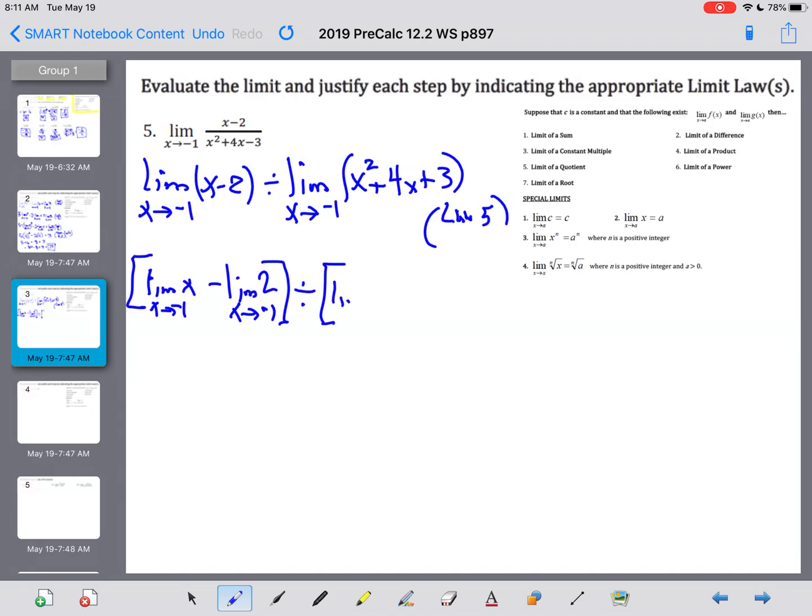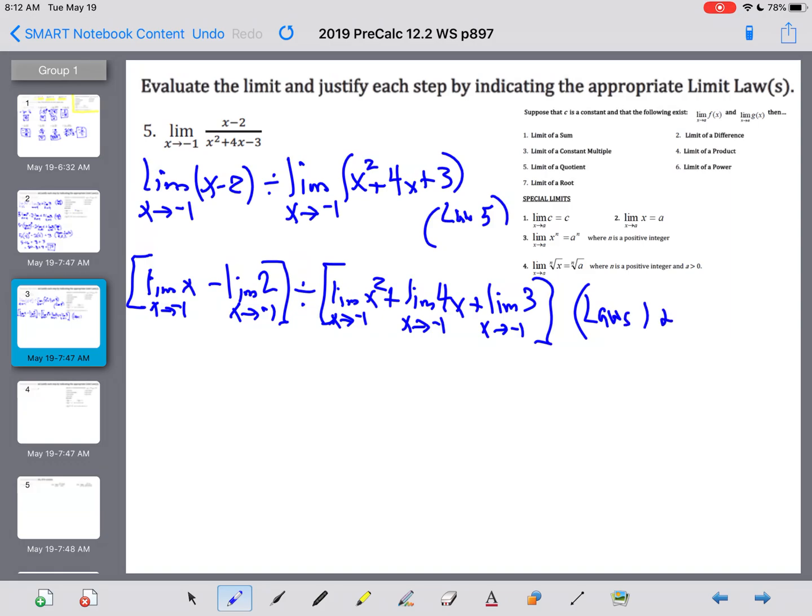I'm going to get the limit of x squared as x approaches -1 plus the limit of 4x as x approaches -1 plus the limit of 3 as x approaches -1. And again, that was laws 1 and 2.